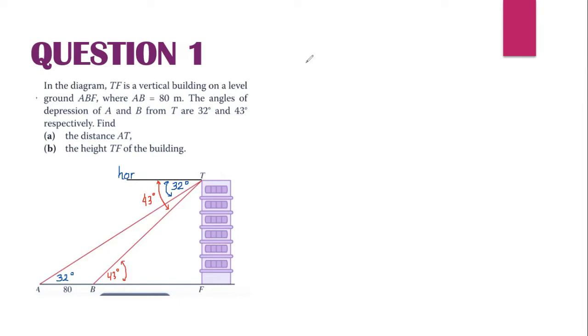Is it clear? Very easy, right? Okay, students, the drawing of 43 degrees and 32 degrees on the diagram is done.